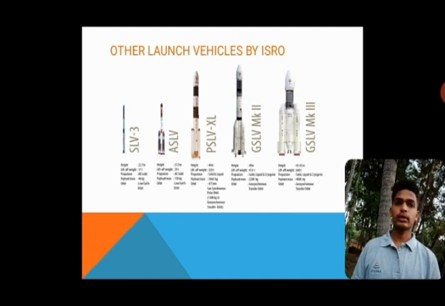Here we can see the different launch vehicles developed by ISRO. We mention the 5 main types of launch vehicle: SLV, ASLV, PSLV, GSLV, and another type of GSLV also.